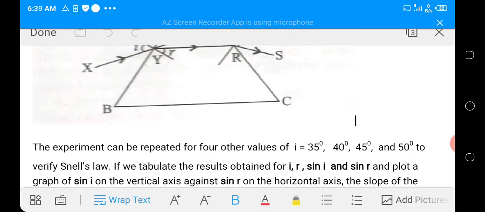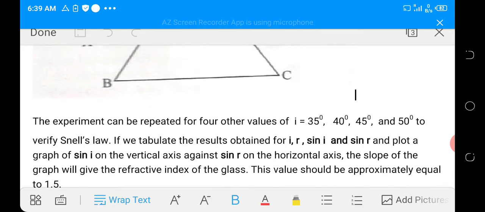The experiment can be repeated for 4 other values of i: 35 degrees, 40 degrees, 45 degrees, and 50 degrees to verify Snell's law. Remember, Snell's law is the second law of refraction. That is, the ratio of the sine of angle of incidence to the sine of angle of refraction is a constant for two given media.